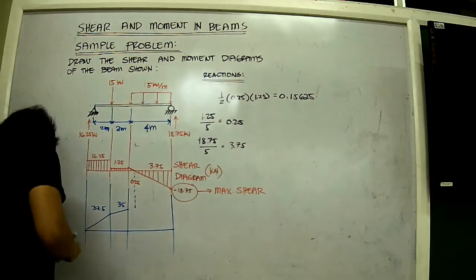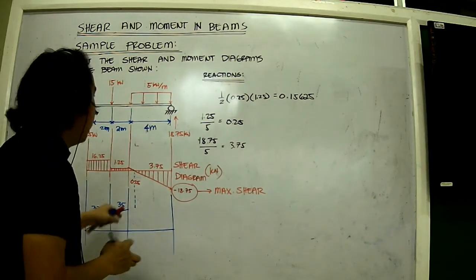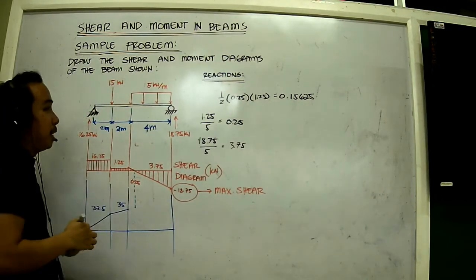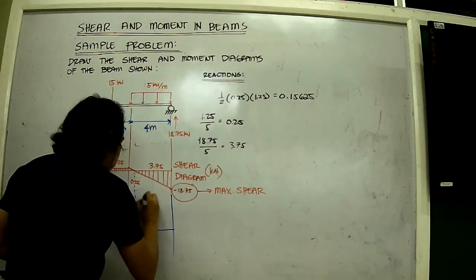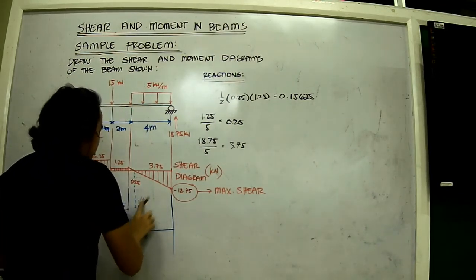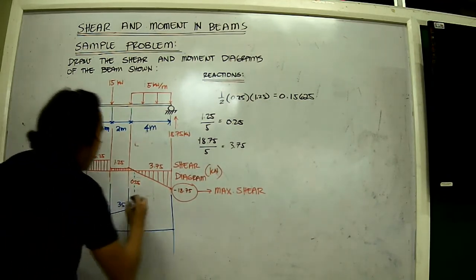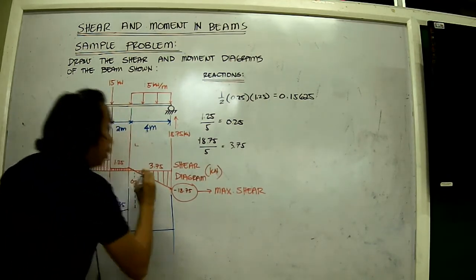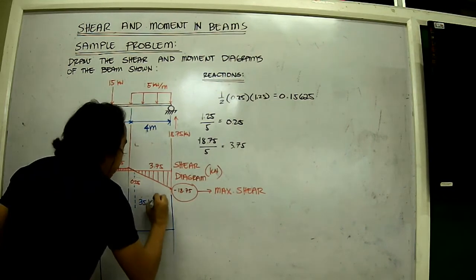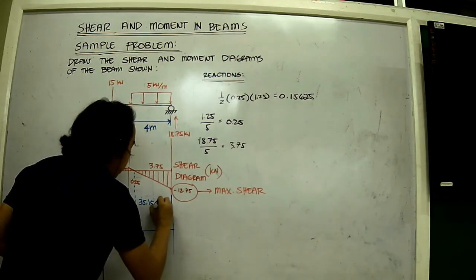If that is the case, I'll add this to the 35, and that should be equal to 35.15625.